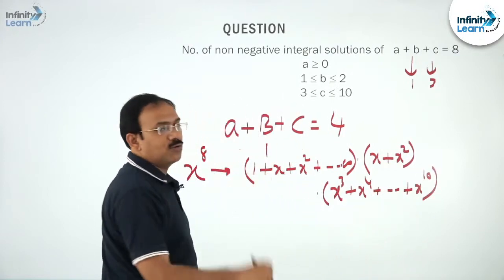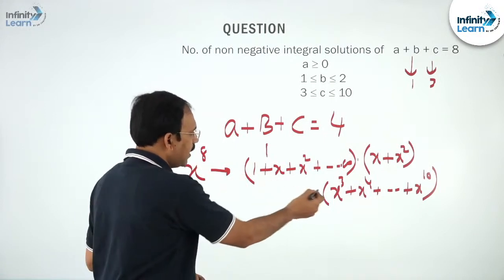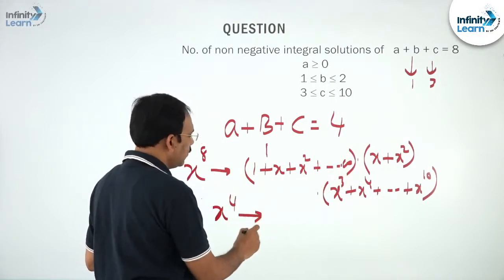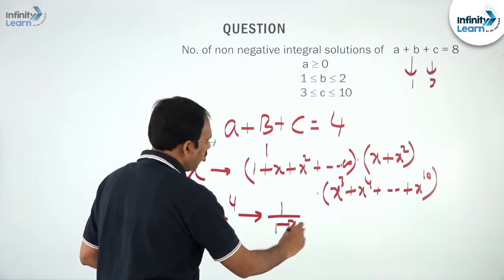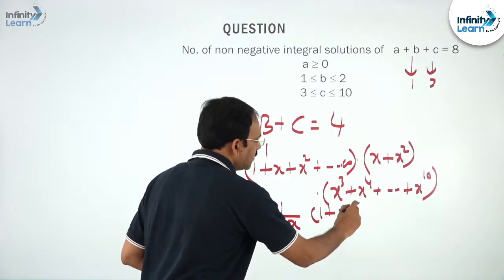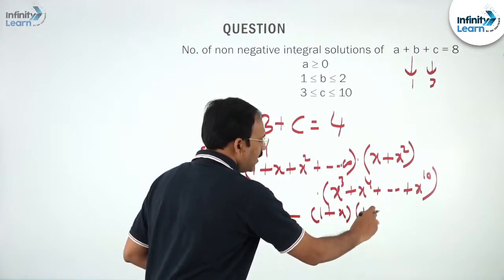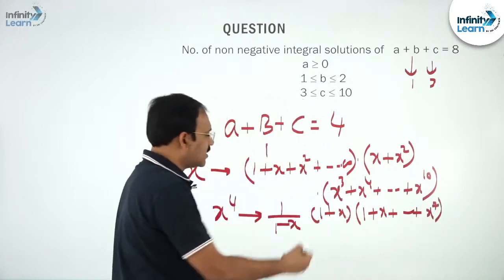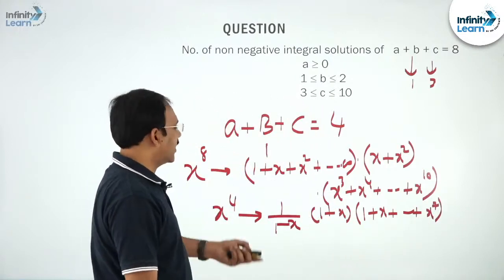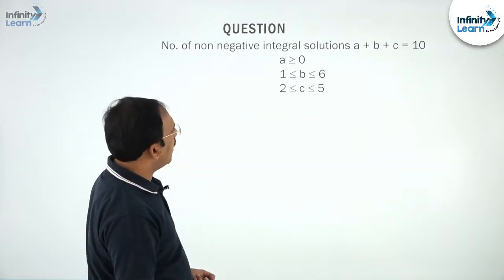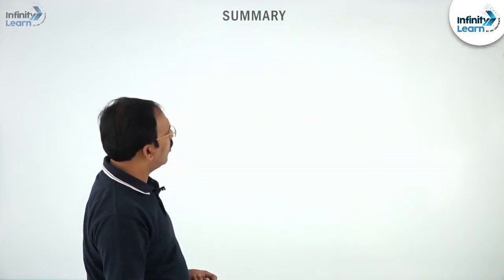In this you try to catch x power 8 coefficient. Already x cube and x power 4 will go out, so you try to find x power 4 coefficient in 1 minus x into 1 plus x into, this is going to be 1 plus x plus and so on up to x power 7. You just take the product and consider x power 4 coefficient, right friends. So in this way you can try these problems also.